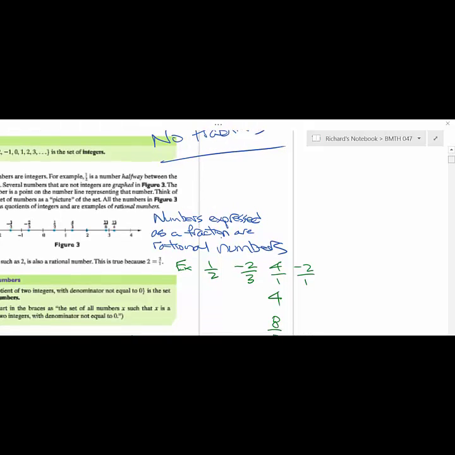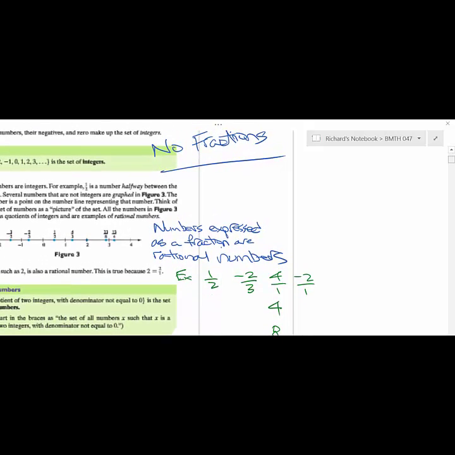What about decimal numbers? Well, a decimal number such as 4.2 can actually be converted to a fraction by scaling the number up, multiplying both the top and the bottom by 10.